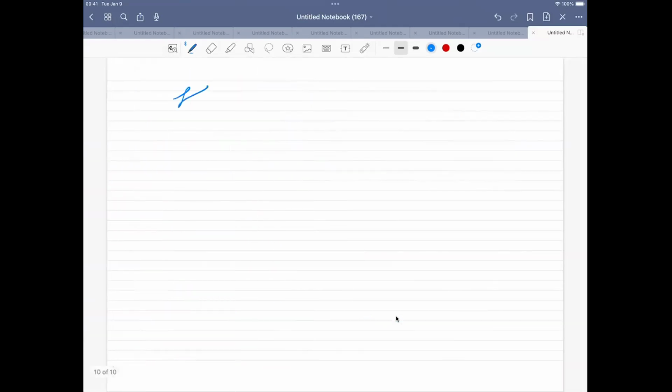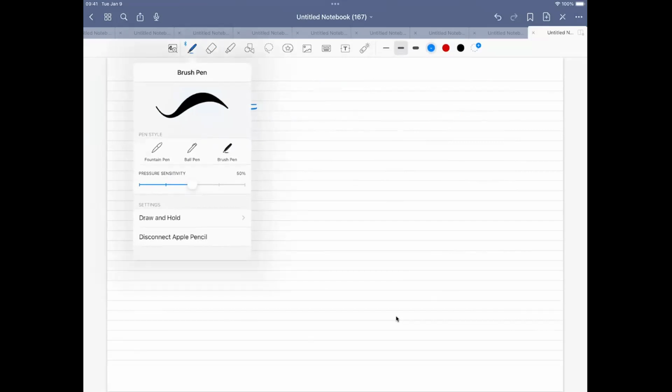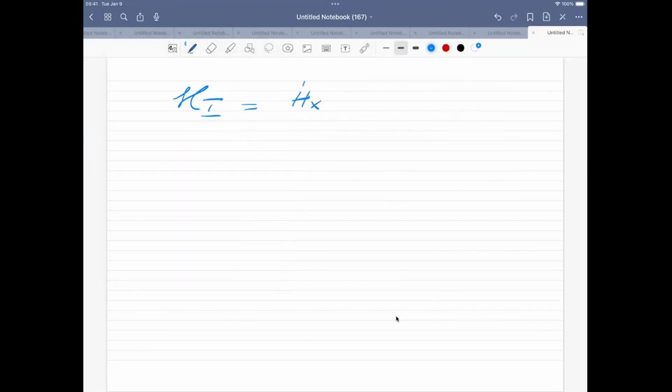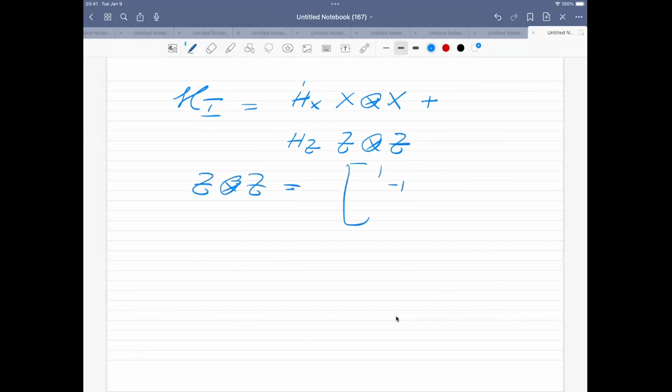So this H interaction is simply going to be given by HX times a Pauli X tensor product with a Pauli X, plus an HZ times a Pauli Z tensor product with a Pauli Z. A Pauli Z times a Pauli Z is nothing but 1, minus 1, 0, 0, 0, 0, and 1, minus 1, 0, 0.